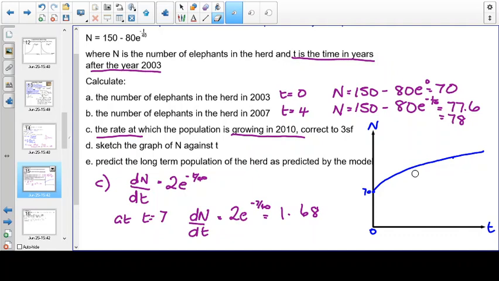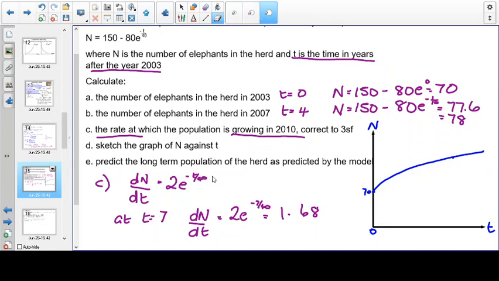Okay, let's see what happens when t is bigger. Let's see what happens when t is 40. 150 minus 80 e to the minus 1 when t equals 40. That's 120.6. Okay, so you can see it's increasing like that.